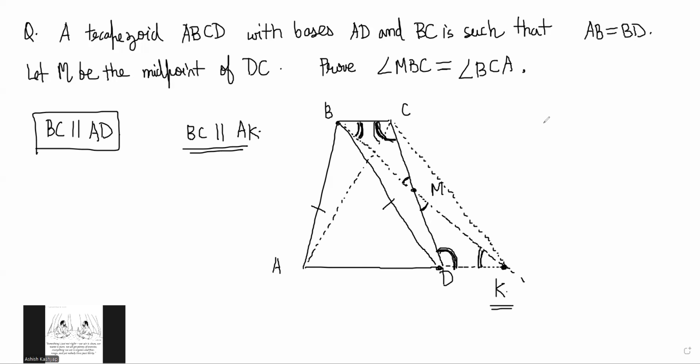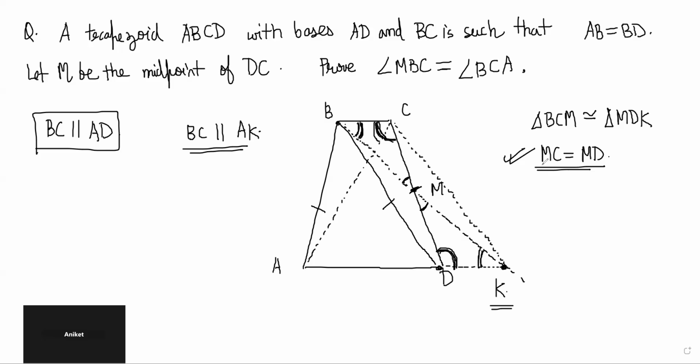So you can say that triangle BCM is similar to triangle MDK. But we also know that M is the midpoint of CD, so MC is equal to MD. So they are similar plus congruent. So they are congruent triangles.